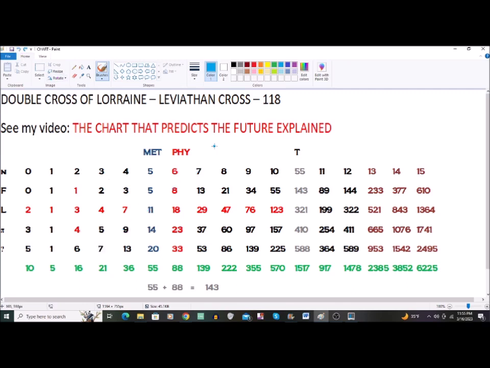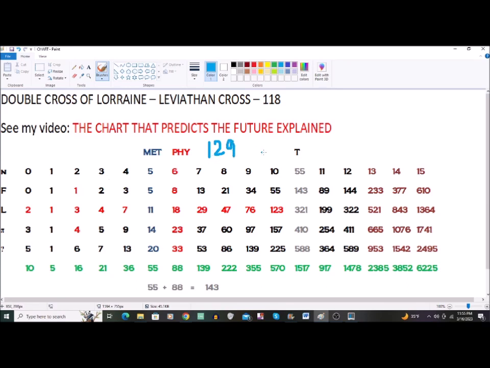Okay, very quickly, when we do this portion of the cross here, this encodes the date of 9/11. It encodes by doing number jumps here. Okay, I'm not going to explain the whole thing. This is in previous videos, but this encodes 129.